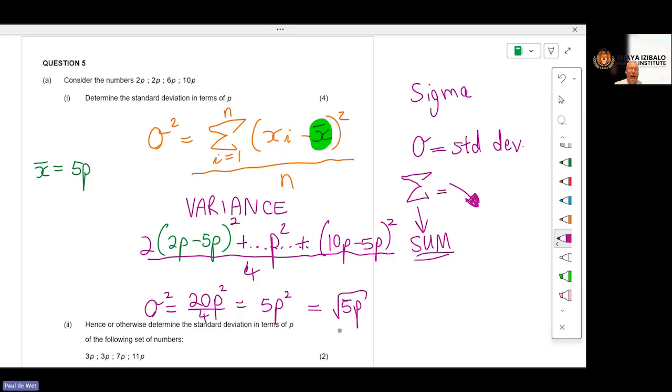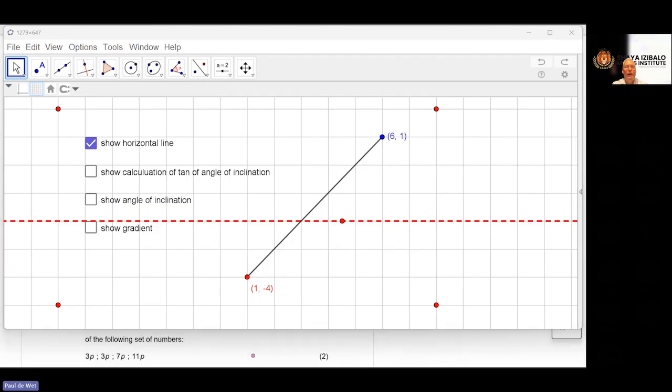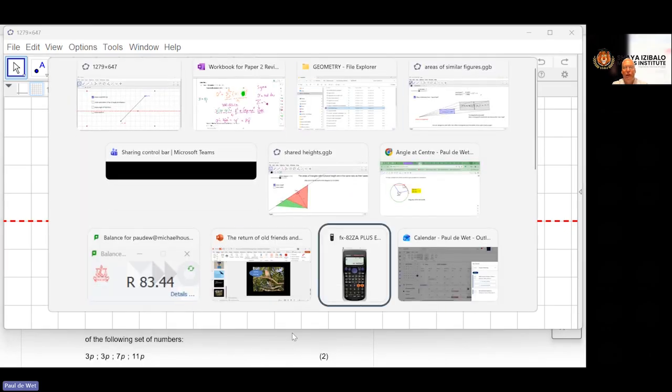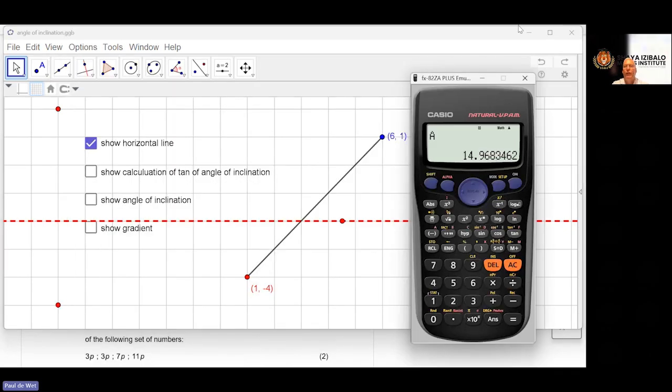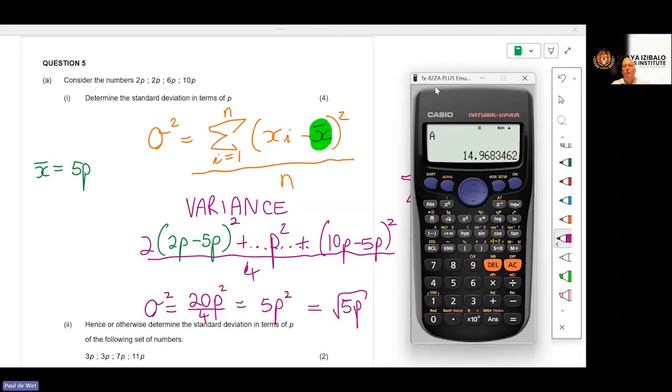Okay. Can we check this on a calculator? Yeah. If we just, for example, if we let p be 1, let's just make sure we know how to do this on a calculator. If we let p be 1 and we go into our stat mode, and we put in the numbers just with p equals 1, in other words, we put in 2 and 2 and 6 and 10.